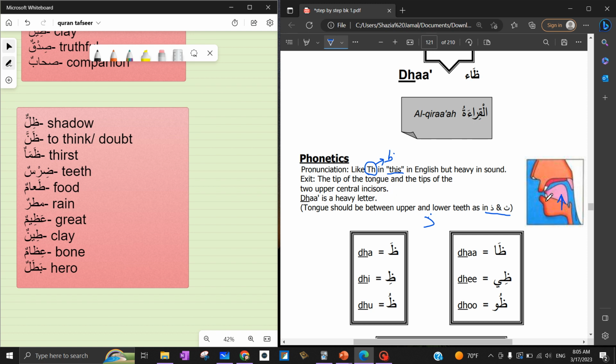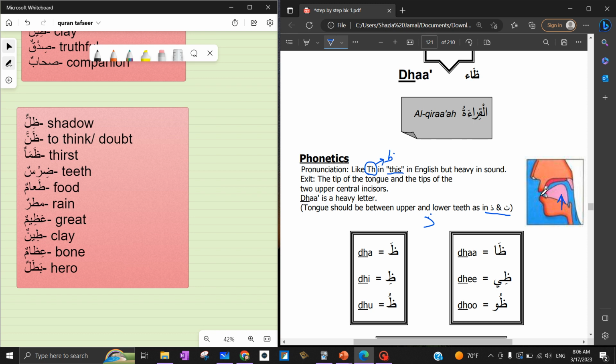So this is how you pronounce and make your tongue heavy. Place the tip of the tongue in between your lower and upper incisors, but don't bite the tip of the tongue tightly. Just keep the tip of the tongue and raise the tongue behind and say it.